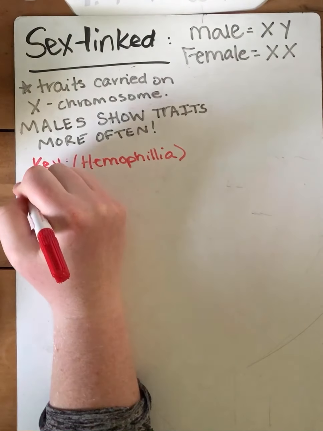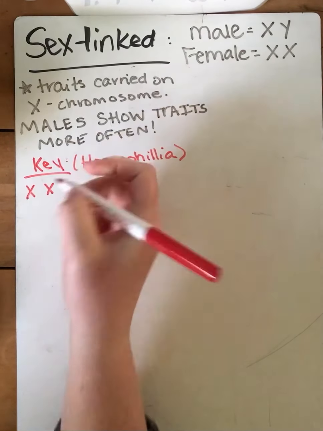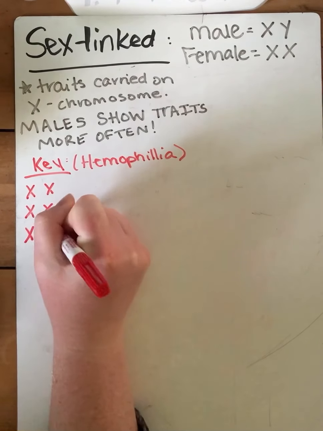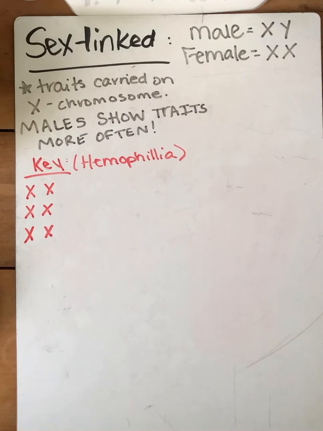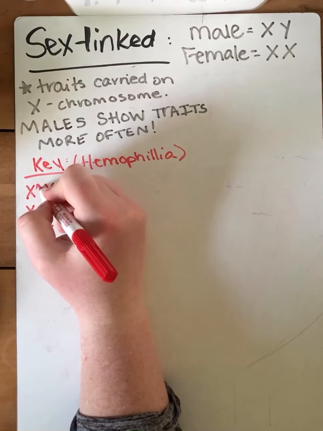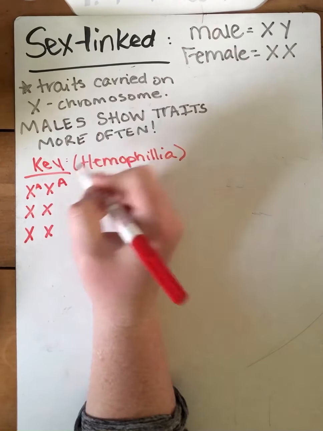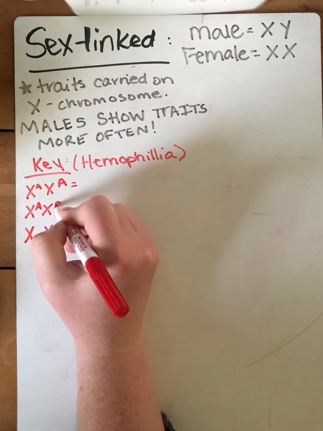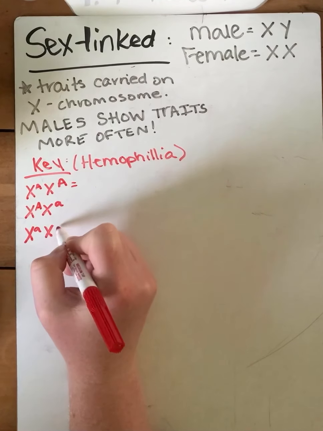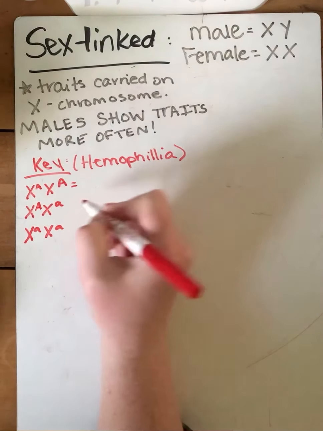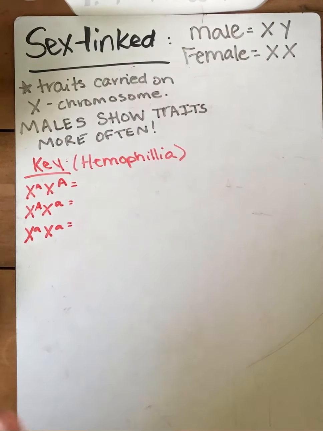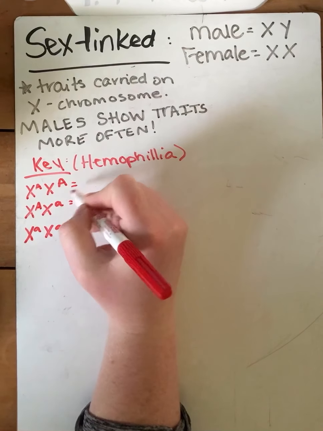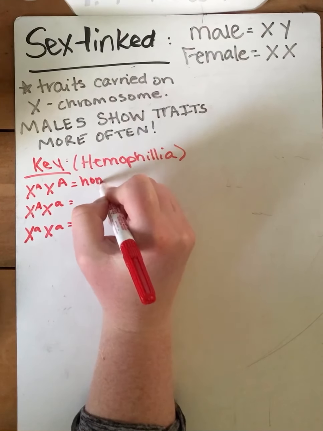Now, if you are a female, you have two X's. There are three combinations in which you can inherit these alleles. You can inherit two dominant alleles, you can inherit a dominant and a recessive, or you can inherit two recessive. Okay? Now for these guys, it's a little bit different the way we would consider them. If you got two dominant alleles, you would be homozygous dominant.